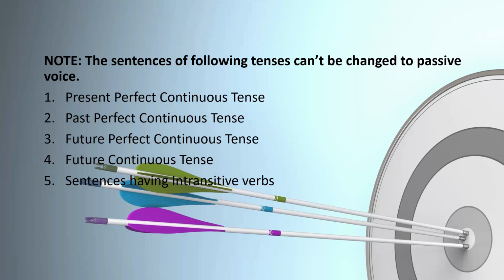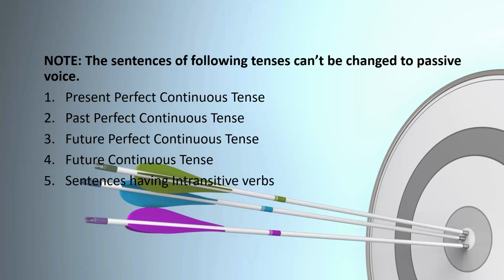Now, we have learned all the tenses and all their passive voice sentence structures. Now, let's see some notes. The sentences of the following tenses can't be changed into passive voice. These 5 things we have to keep in mind, that these are not converted into passive voice. First one, present perfect continuous tense. Second one, past perfect continuous tense. Third one, future perfect continuous tense.